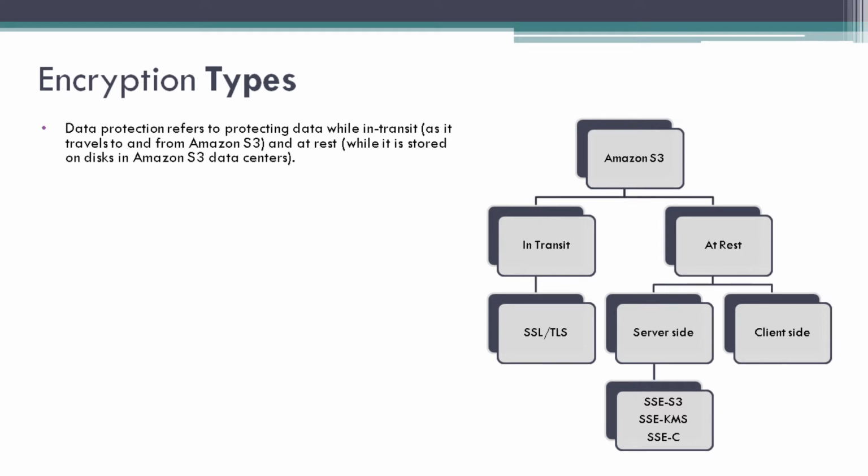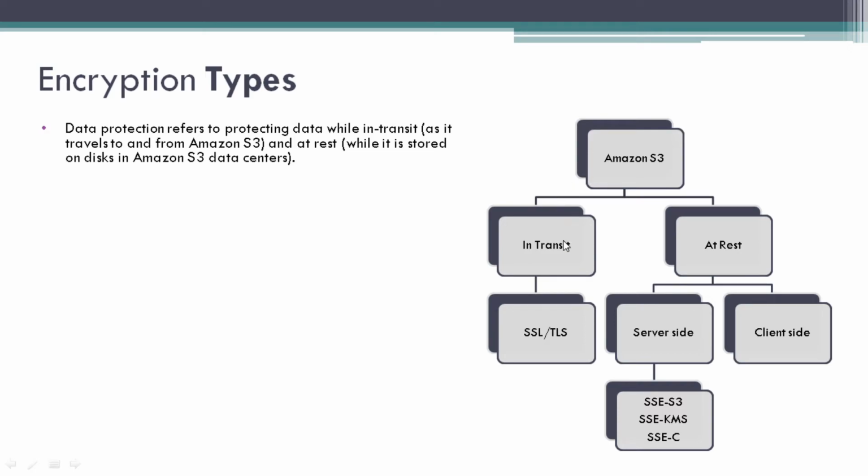Data protection refers to protecting data while in transit. Transit means as it travels to and from Amazon S3. And at rest means while it is stored on disk in an Amazon S3 data center. So when you want to protect your data, there may be two options. First is in transit, which means while your data is transferring from your local system to Amazon S3.